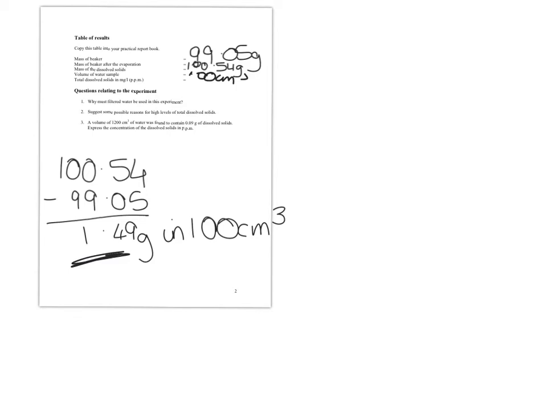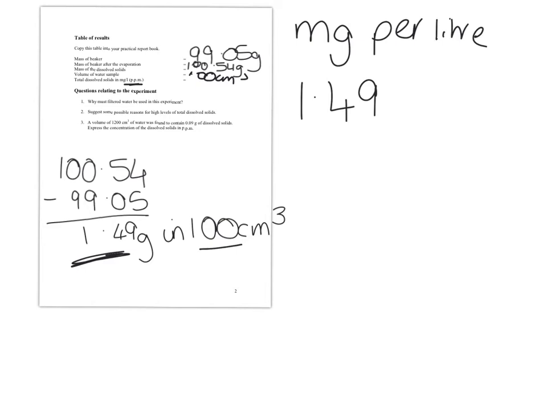So our dissolved solids were in 100 centimetres cubed. Again, we want our answer in parts per million, so we want milligrams per litre. The first thing I'm going to do is change our 1.49 grams per 100 to grams per litre.